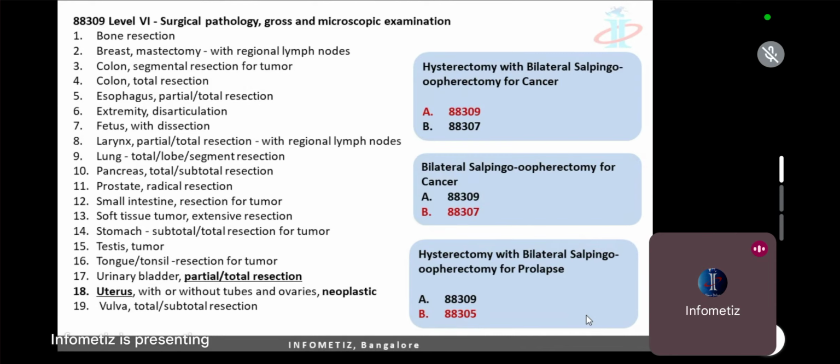Hysterectomy, uterus with or without tubes and ovary for prolapse. Sir, what is prolapse, sir? Prolapse means losing elasticity. That is another medical condition. It should be very tight, right? Uterus to hold the baby. Correct, no? If it is not holding the baby, then abortion. That time.